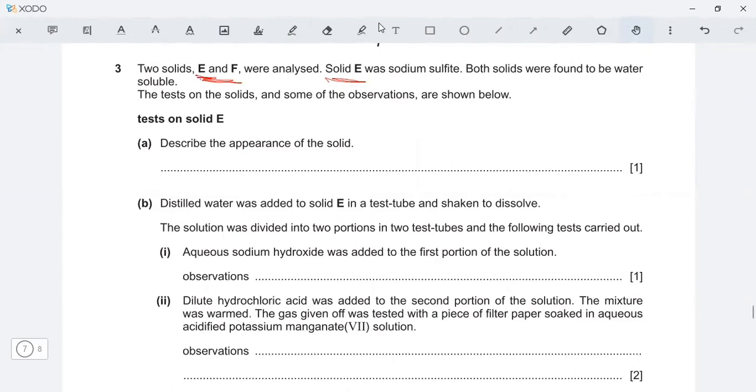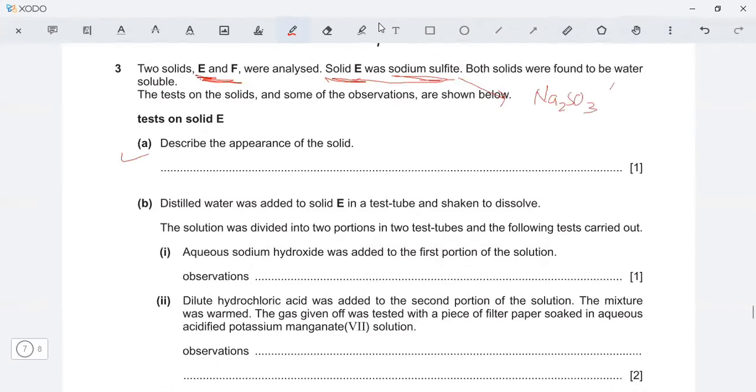The tests on the solid and some of the observations are shown below. Test on solid E. First one, describe the appearance of the solid. It is clearly given that solid E is sodium sulfite, which means it is Na2SO3.